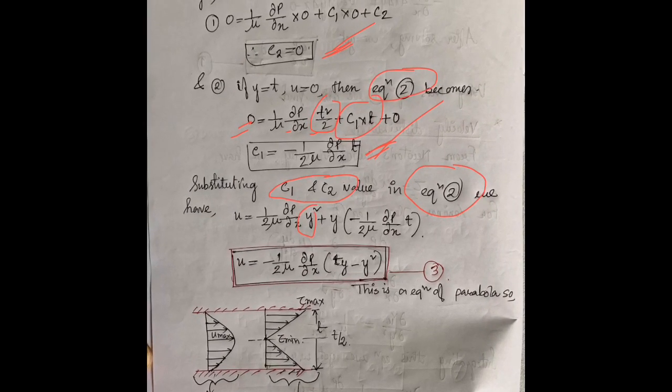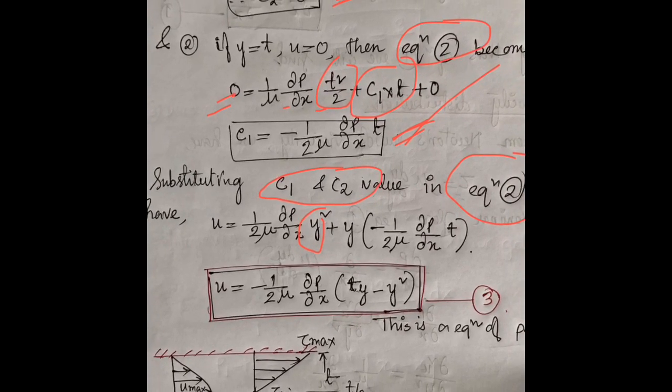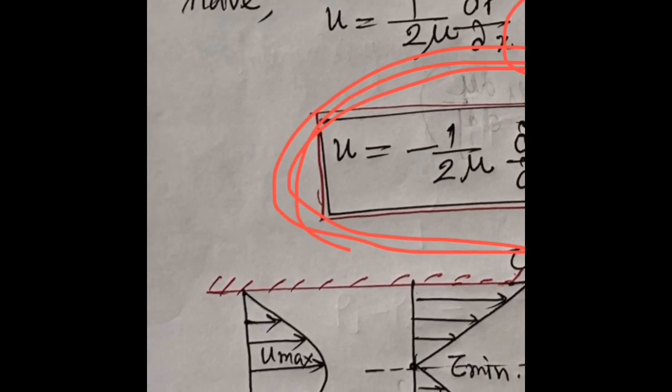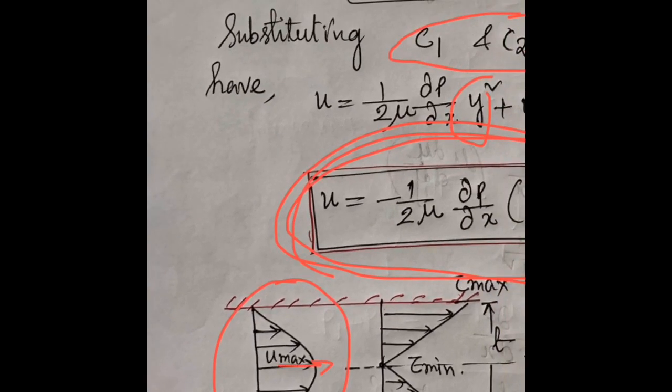So, we have got the C1 value and the C2 value, two constants, isn't it? So, substitute these C1 and C2 values in equation number 2. Then what will we get? We will get u equal to 1 by 2 mu del p by del x y square plus y into minus 1 by 2 mu del p by del x into t.